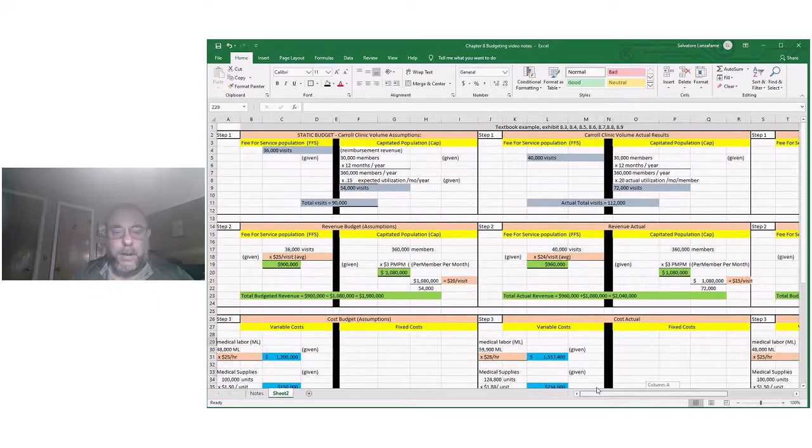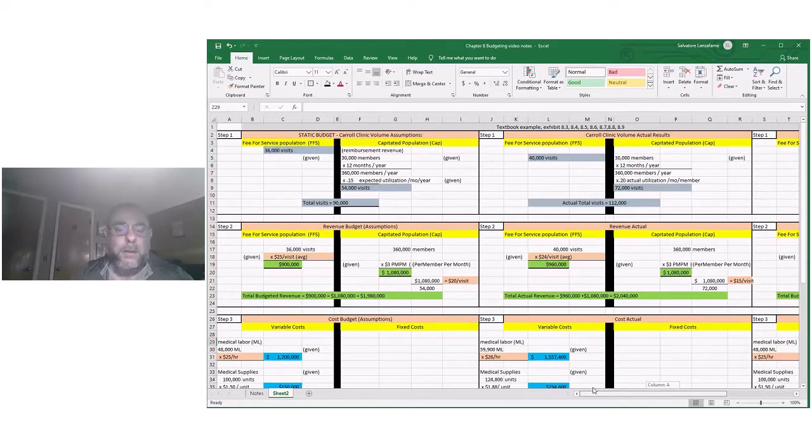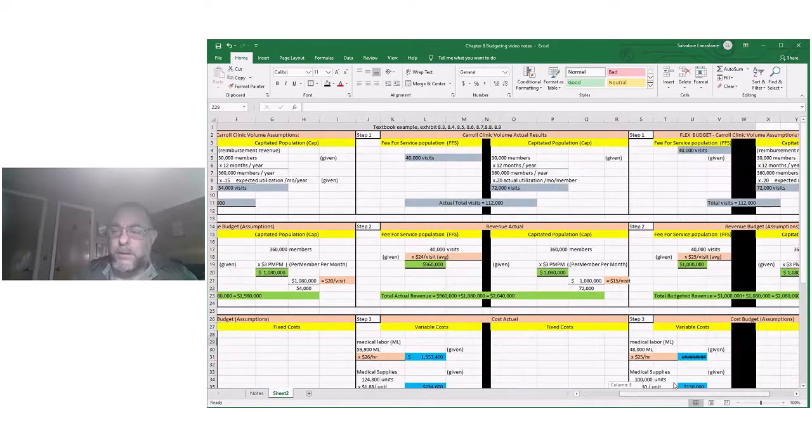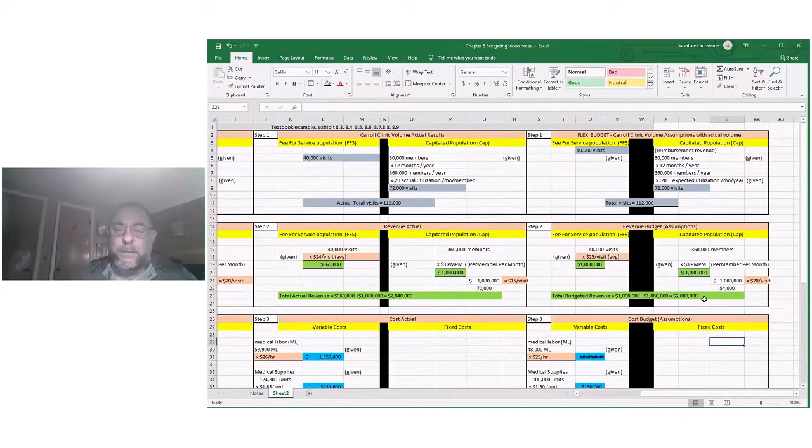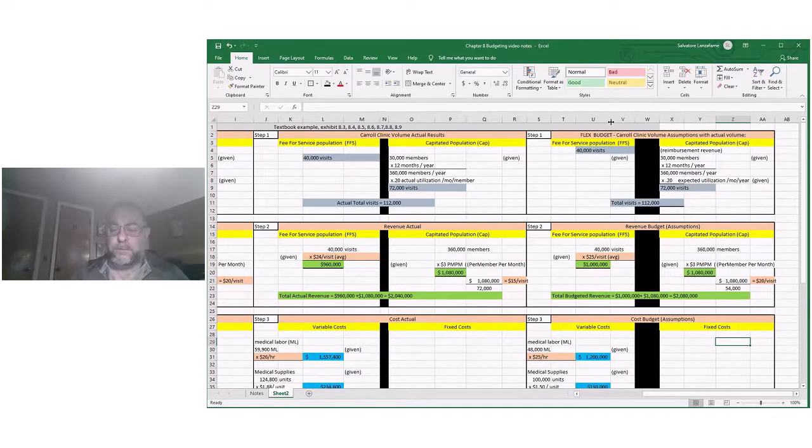Okay, so under the static budget, $1,980,000. Under the flex budget, $2,080,000. And in reality, $2,040,000 is what we got. So the flex budget tends to be a little bit closer to reality because you're now using some actual information in your calculations.